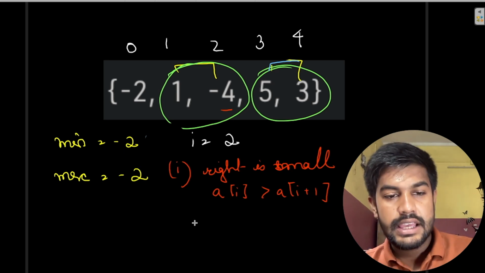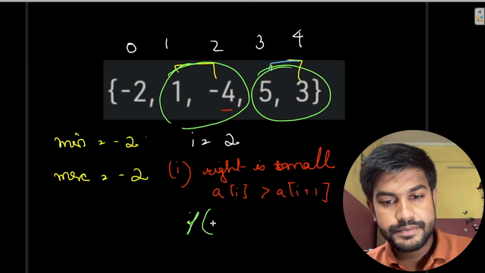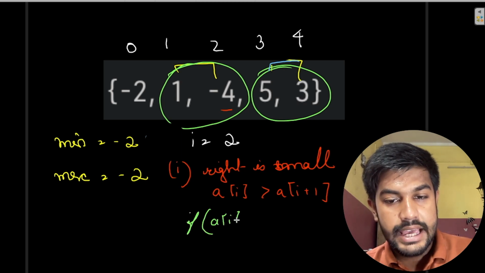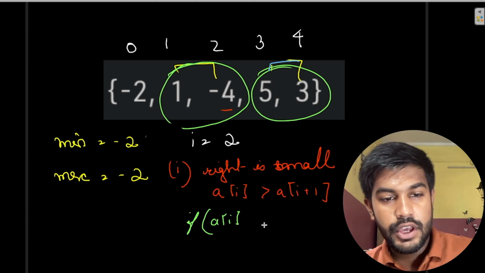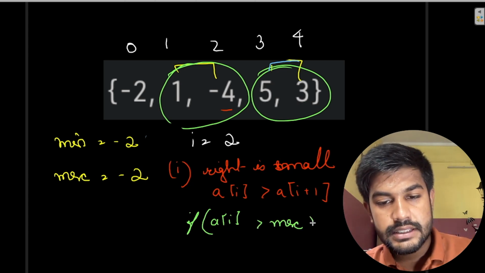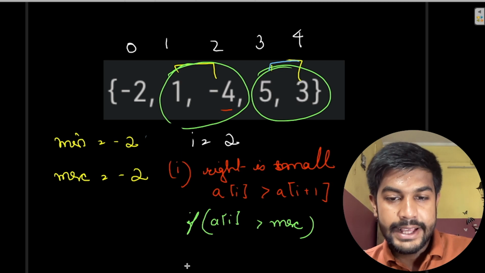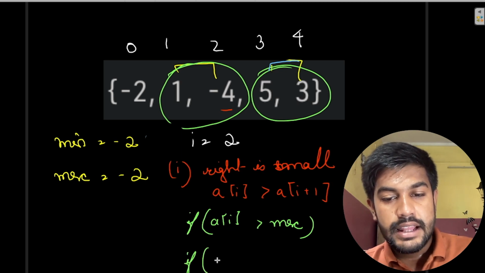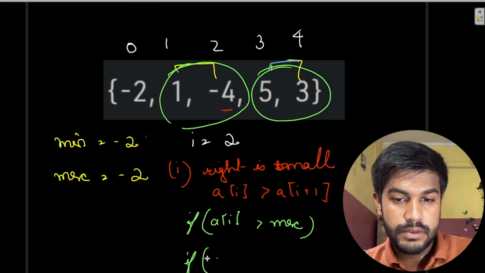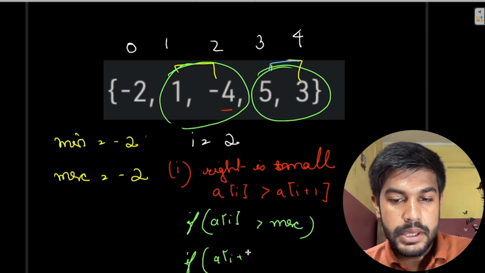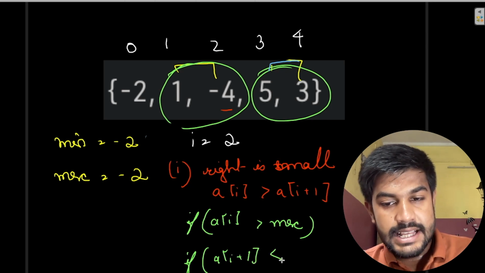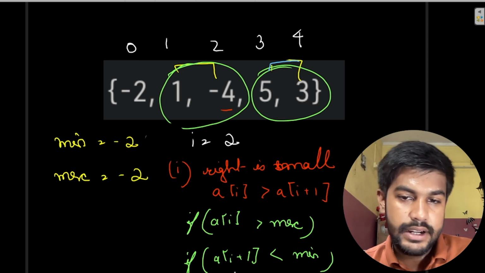So I can say that if a of i is greater than max, update it. And next we do one more comparison, that if a of i plus 1 is less than min, then we would update it.